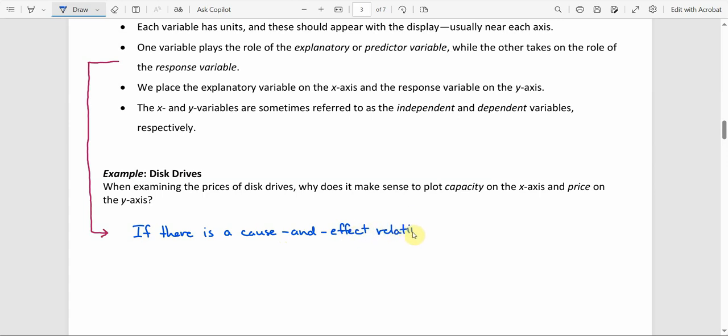So if there is a cause and effect relationship here, it's going to be that the larger capacity causes an increase in price.